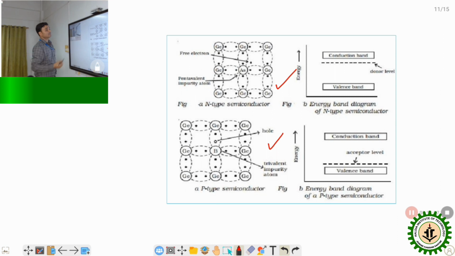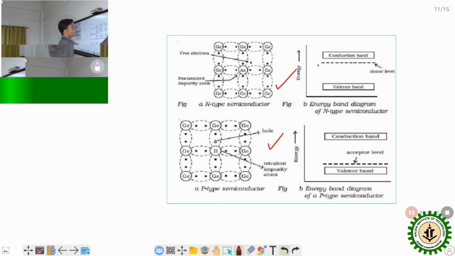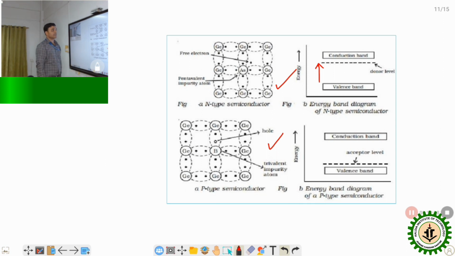That's why in the energy band diagram for n-type, the Fermi level is towards the conduction band, which means the concentration of electrons is higher. For a pure semiconductor, the Fermi level is in the middle of the valence band and conduction band.